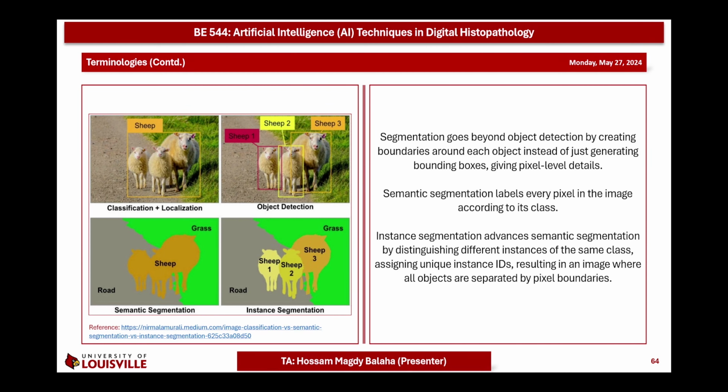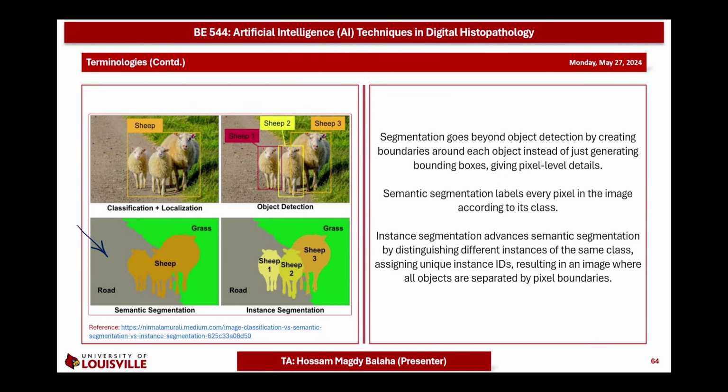There are two types of segmentation: semantic segmentation and instance segmentation. Semantic segmentation labels every pixel in the image according to a class. So in this figure, you will see that it labeled the road gray, the grass green, and all sheep with the orange color.